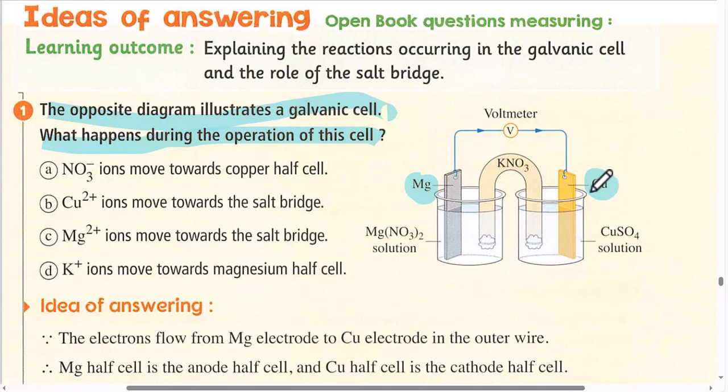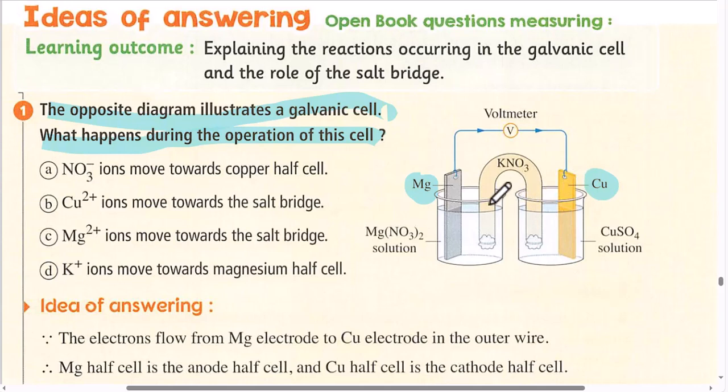So what happens? Magnesium in the plate, elemental magnesium metal, is oxidized and dissolves in the solution to be magnesium positive 2. In the cathode half cell, we see that the copper ions inside the copper solution are reduced and deposited on the copper sheet in the cathode electrode.